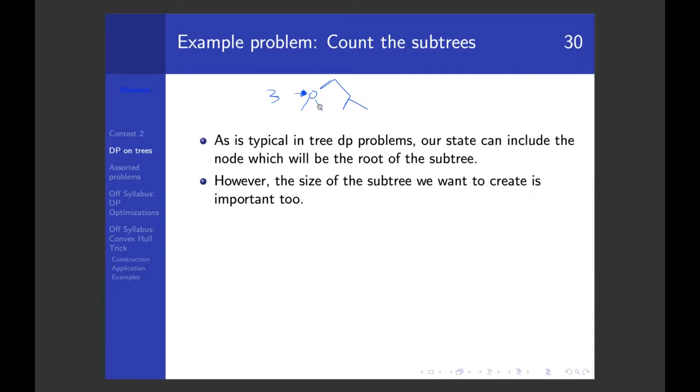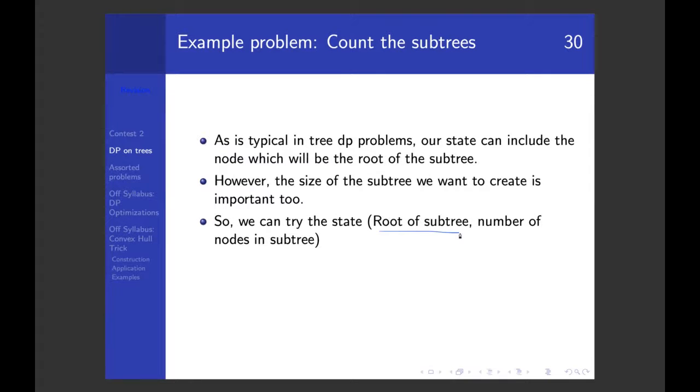So our state is some node, considering only nodes in that subtree, and the size of the subtree we want. I'm using 2 definitions of subtree. When I refer to a state, I mean the rooted subtree. In the actual problem, I'm referring to any subtree. So our state will be the root of the subtree and the number of nodes we want to have in this subtree. And we're going to have exact rather than up to in this case.